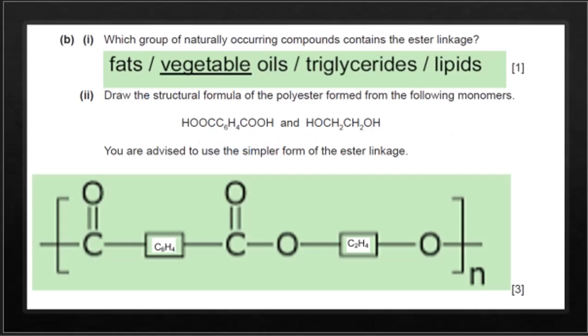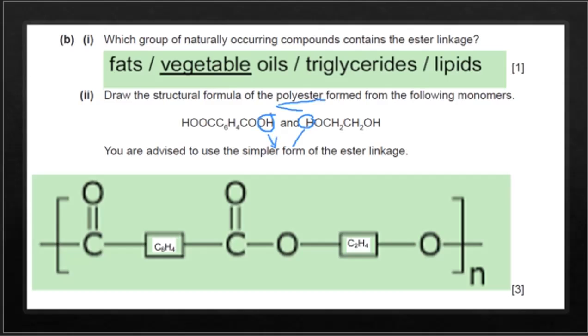So if you were trying to draw the structural formula of the polyester formed from this, again, OH is going to be removed from here and hydrogen is going to be lost from there. So water is going to be removed, and then they would bind together.